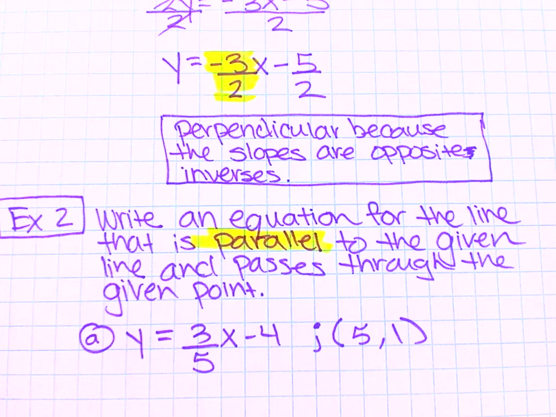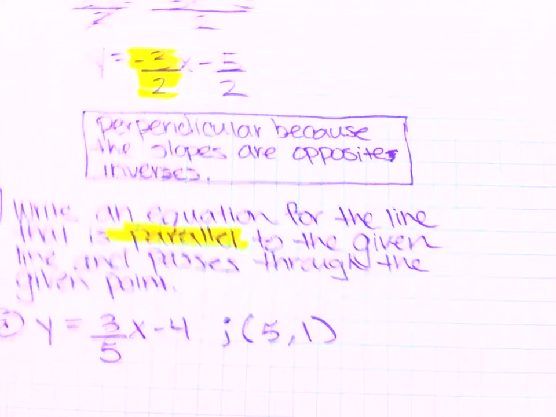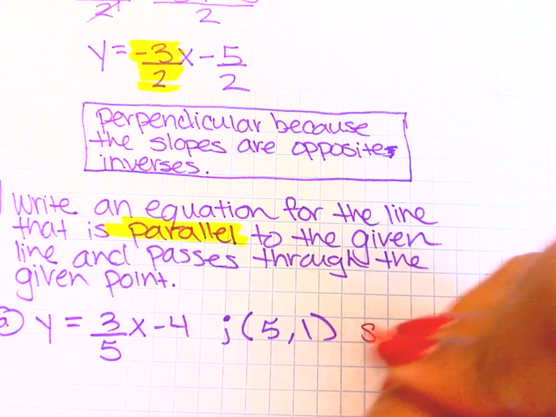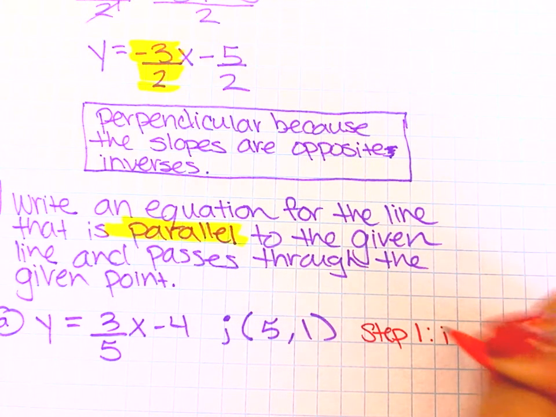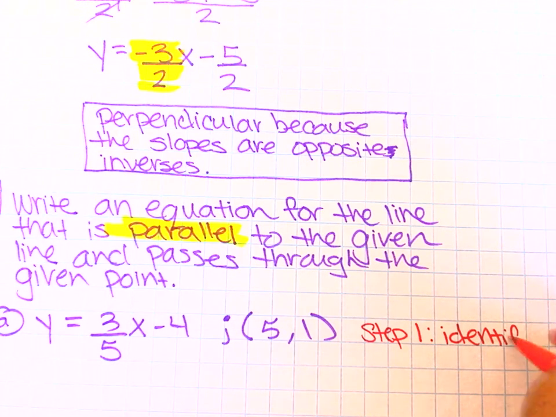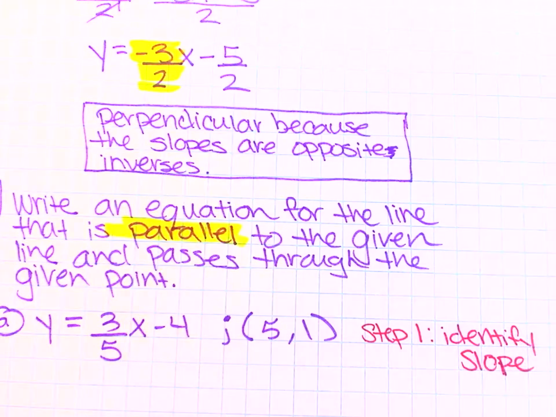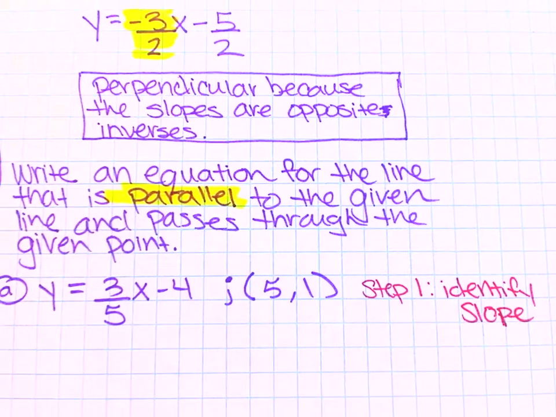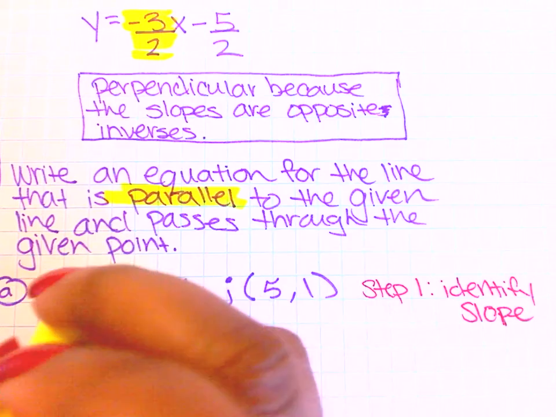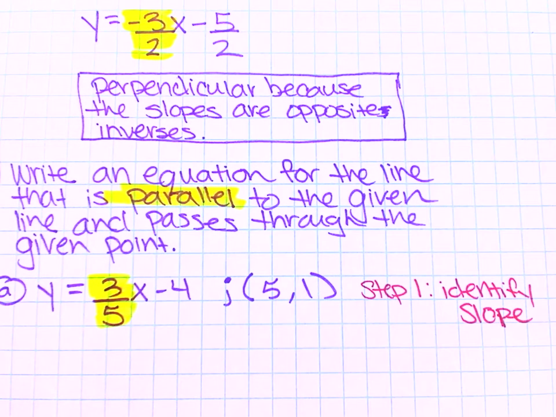Now the first thing you need to do, step number 1, is identify the slope. So I'm going to put over here step 1. Identify slope. So when I look at that equation, what's my slope? 3 over 5.